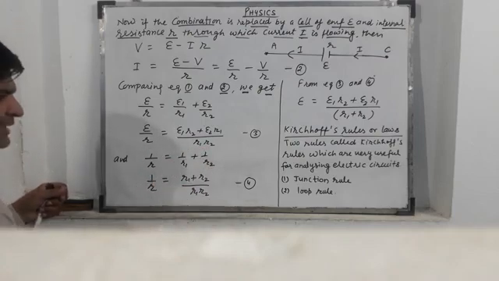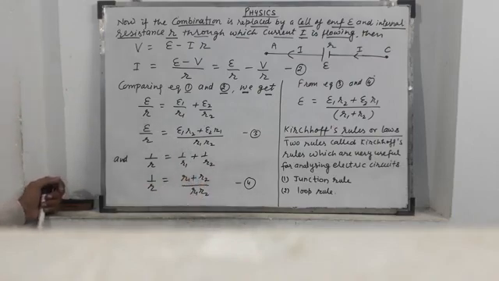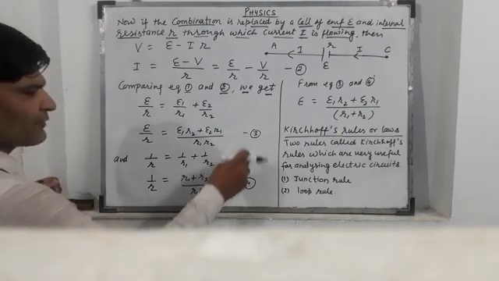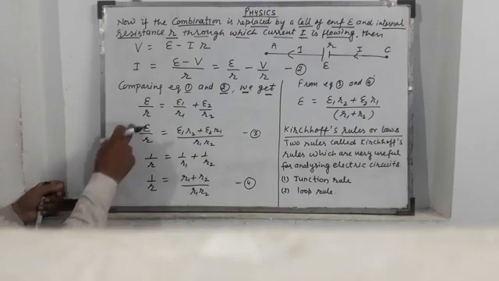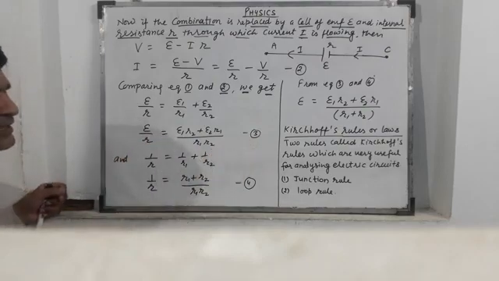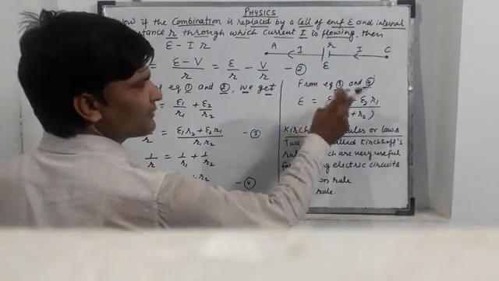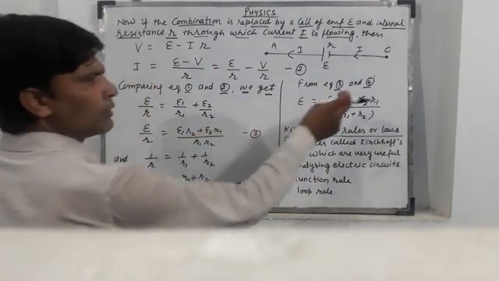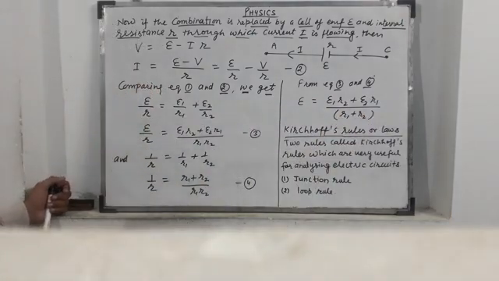By taking the LCM, we get 1 upon R is equal to R1 plus R2 upon R1 R2. Then, from equations 3 and 4, because 1 upon R is also in equation 3, we get E is equal to E1 R2 plus E2 R1 upon R1 plus R2.